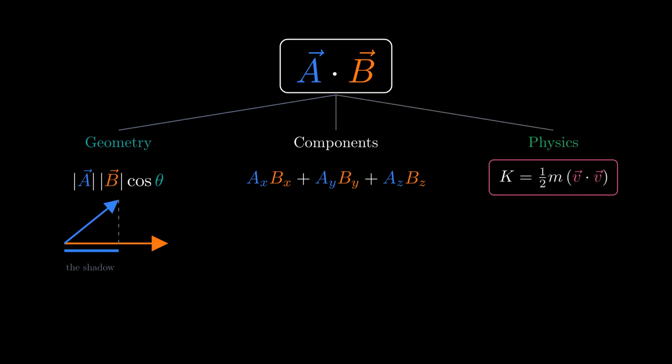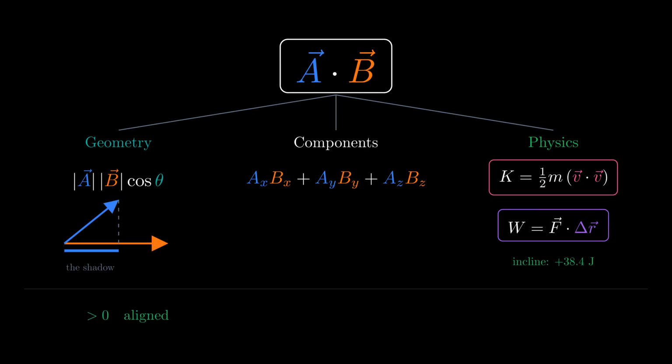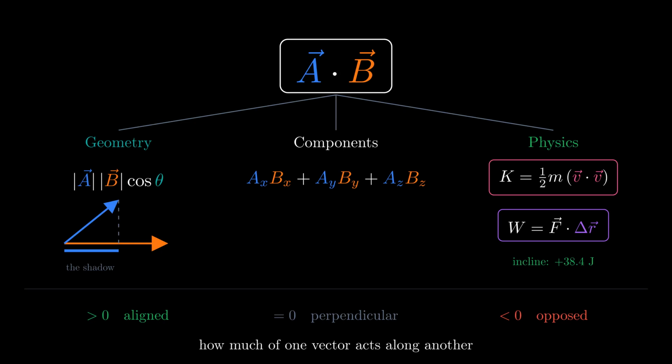Dot velocity with itself and you get speed squared, the heart of kinetic energy. Dot force with displacement and you get work, sign included with no extra bookkeeping. Whenever a problem asks how much of one vector acts along another, the scalar product is the answer.